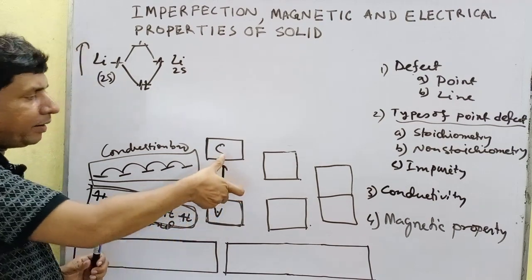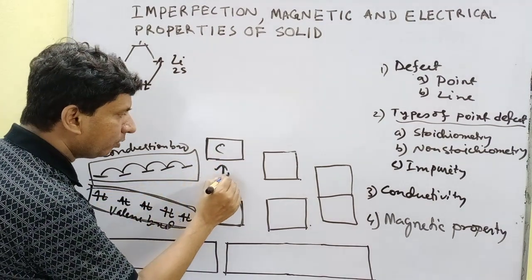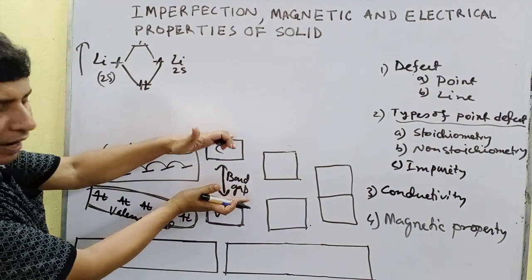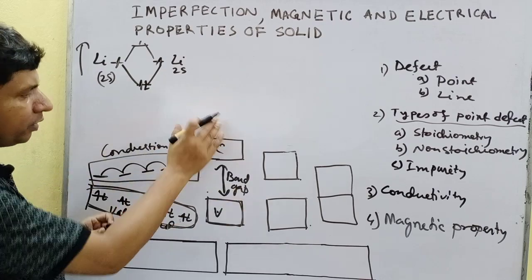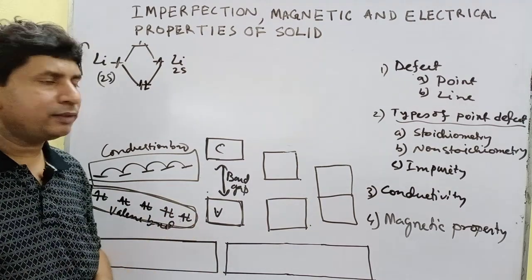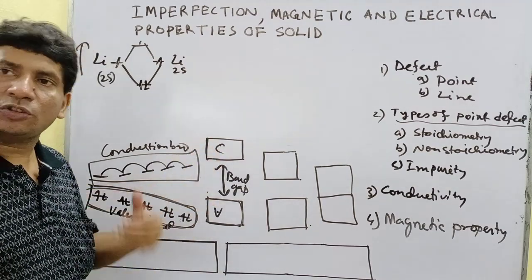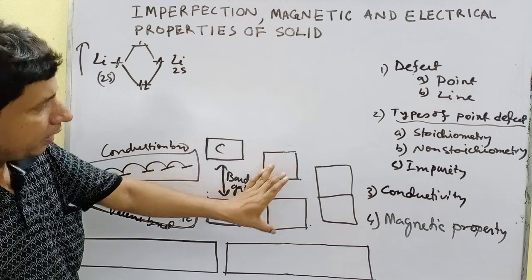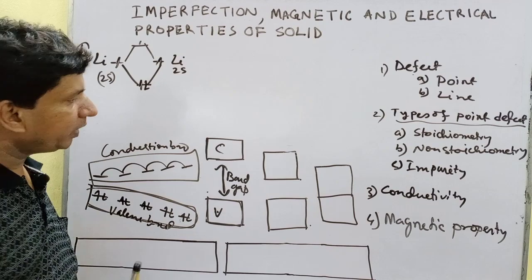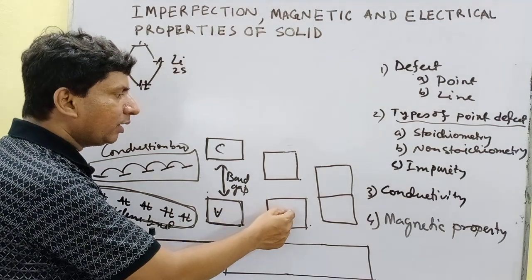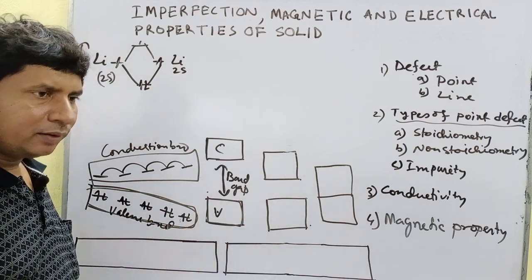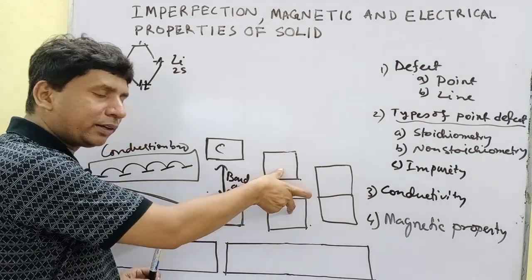This is known as the band gap. If the band gap is high, electrons will not transfer from valence band to conduction band, so conductivity will not arise. This is known as an insulator. If the gap between the conduction band and valence band is medium, that means if you give some energy, then electrons can transfer from the valence band to the conduction band, then it will be a semiconductor.